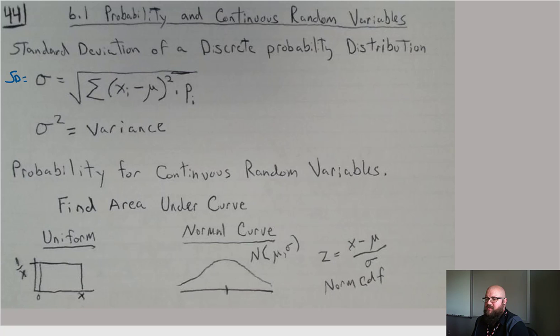So we'll talk about it as far as uniform and the normal curve, which we already kind of talked about with our z-scores being our x value minus our mean divided by our standard deviation. We'll give you your z-score to go about calculating probabilities, in other words, area under the curve. Okay, and we can do this on the TI Inspire using our normal CDF, and we will show you how to do that through Google Sheets if we need to.